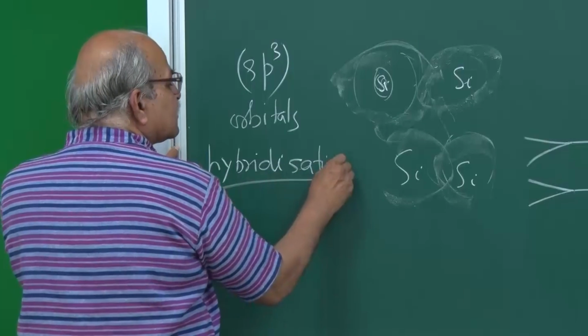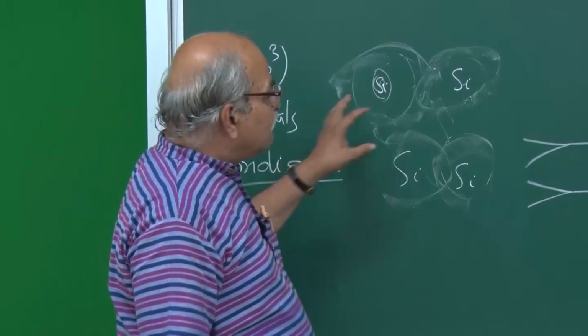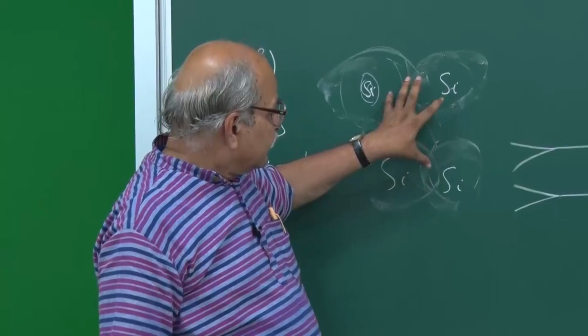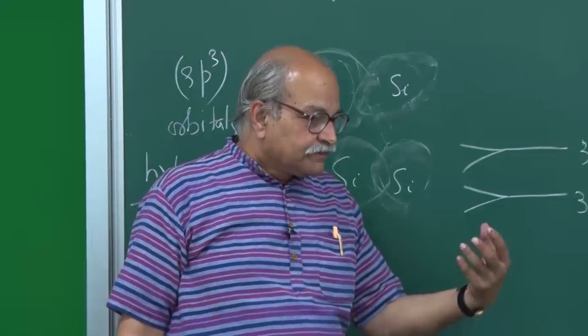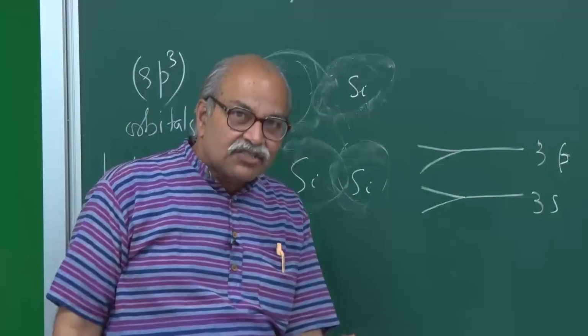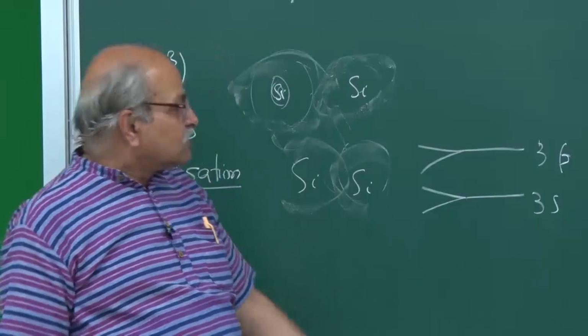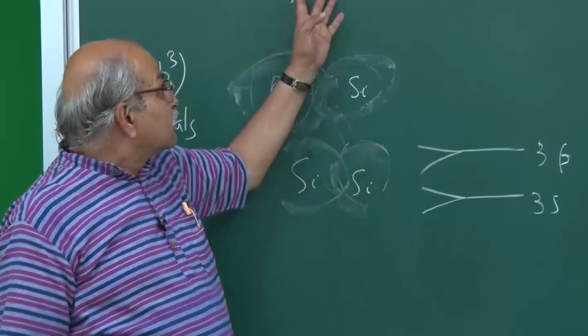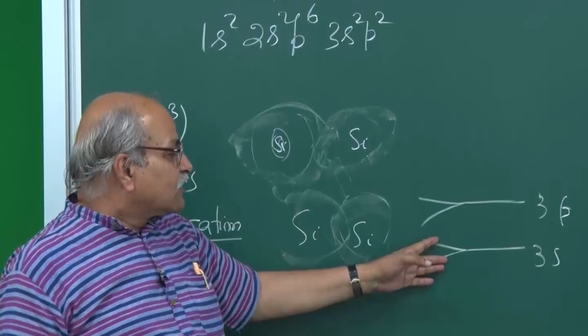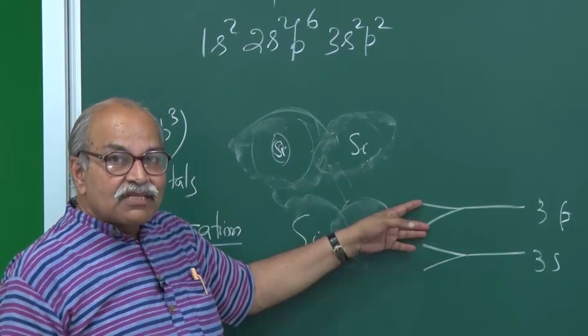So what happens is that if you have this silicon thing, then the minimum energy will occur not if the electrons occupy 2n electrons here and 2n electrons here.